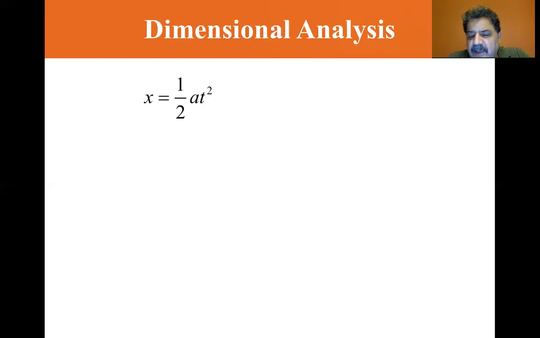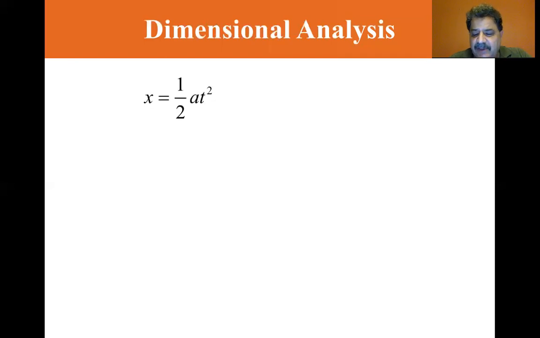The quantity x on the left side has dimension of length. For the equation to be dimensionally correct, the quantity on the right must also have dimension of length. So let's perform dimensional analysis by substituting the dimensions for acceleration and time into the equation.